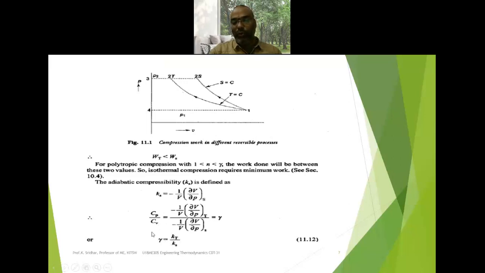That is, the ratio of two heat capacities is always the adiabatic index, and this adiabatic index is the ratio of the isothermal compressibility factor to the adiabatic compressibility factor. So that is very important.